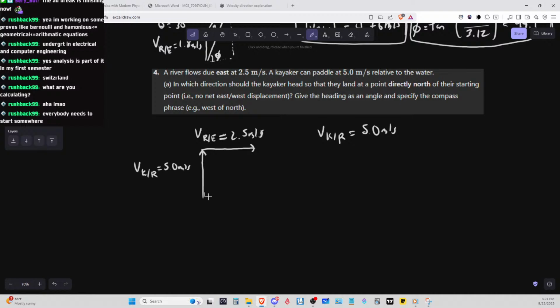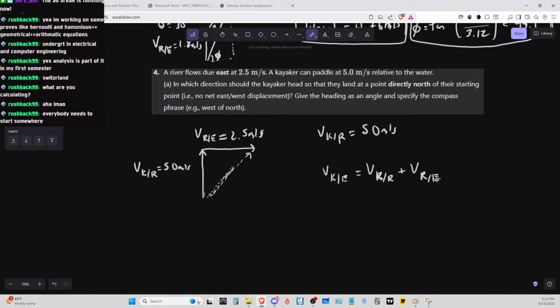Okay, and the equation we have is the kayaker relative to the Earth equals the kayaker to the river plus the river to the Earth.